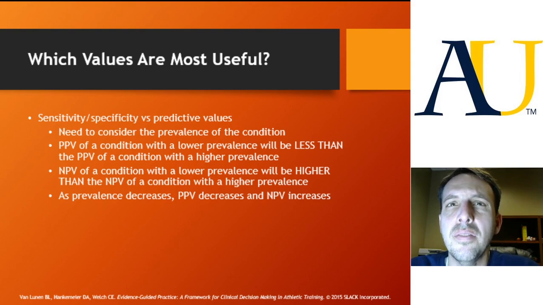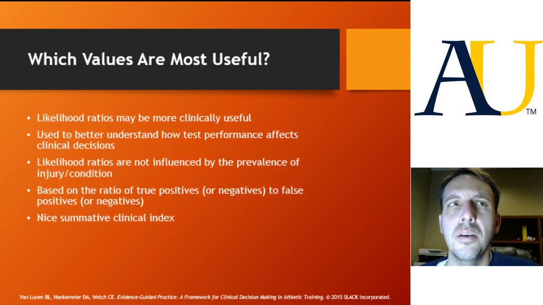And so as we get this prevalence change in the population, we will be able to change our levels of understanding regarding the condition. So as we get into positive predictive values and negative predictive values, always remember that as prevalence increases or decreases, these predictive values are going to change themselves.